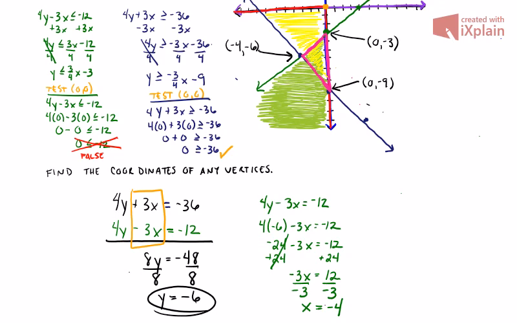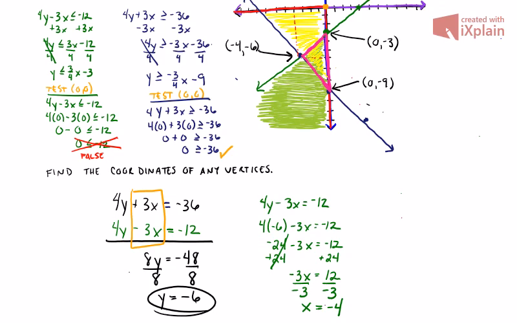And hopefully we can see that in here. Again, this one we ended up getting nice values. Not every problem is going to give you nice integer values. You might get decimals or you might get fractions at your point of intersection. So if we look at this one, -4 is about there, and then -6 is about here.